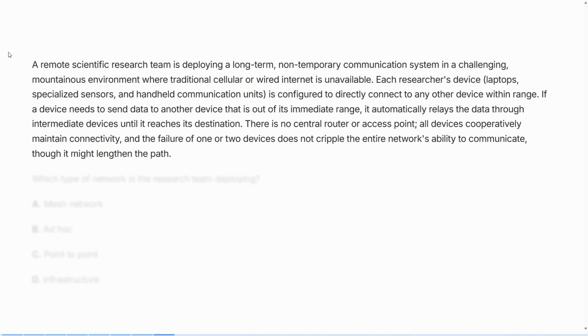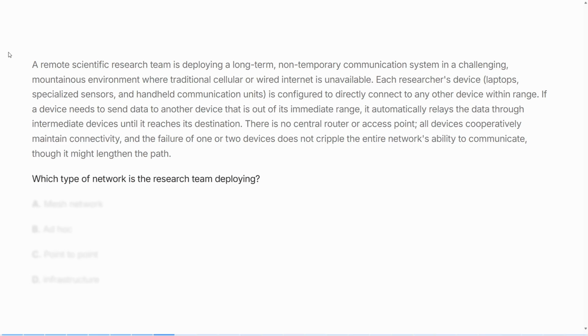If a device needs to send data to another device that is out of its immediate range, it automatically relays the data through intermediate devices until it reaches its destination. There is no central router or access point. All devices cooperatively maintain connectivity, and the failure of 1 or 2 devices does not cripple the entire network's ability to communicate, though it might lengthen the path. Which type of network is the research team deploying?